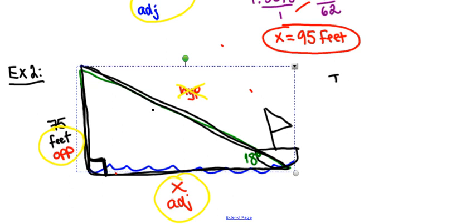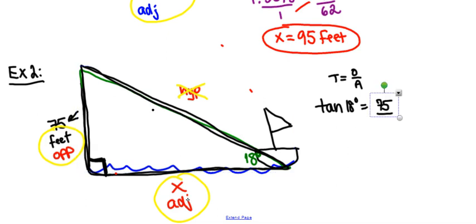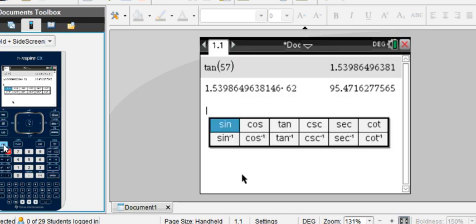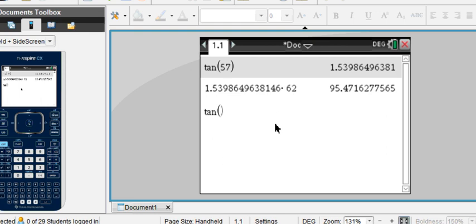So this question, like the first question, is a tangent question. So the tangent of that 18 degrees is equal to my opposite side, which is 75, over my adjacent side, which is x. And again, I'm going to head into my calculator and find the tangent of 18 degrees.